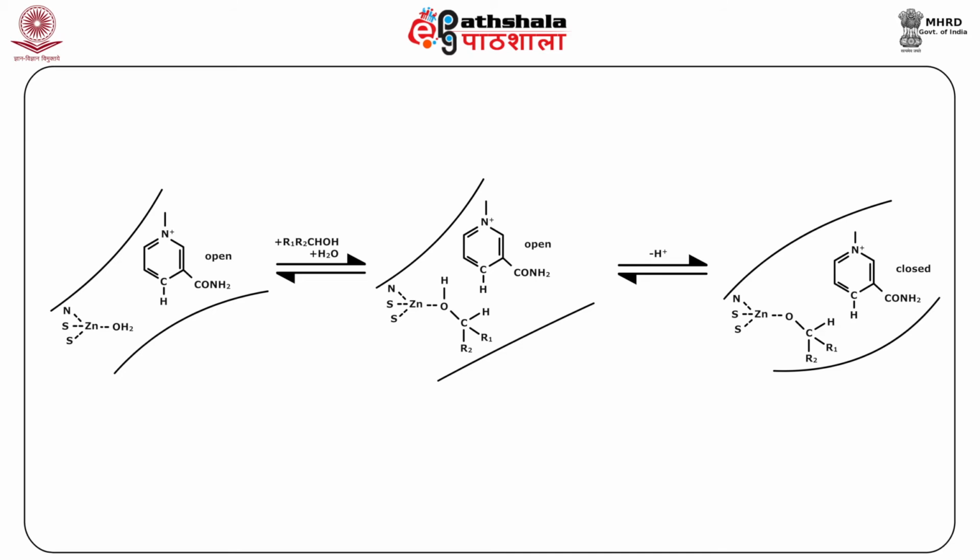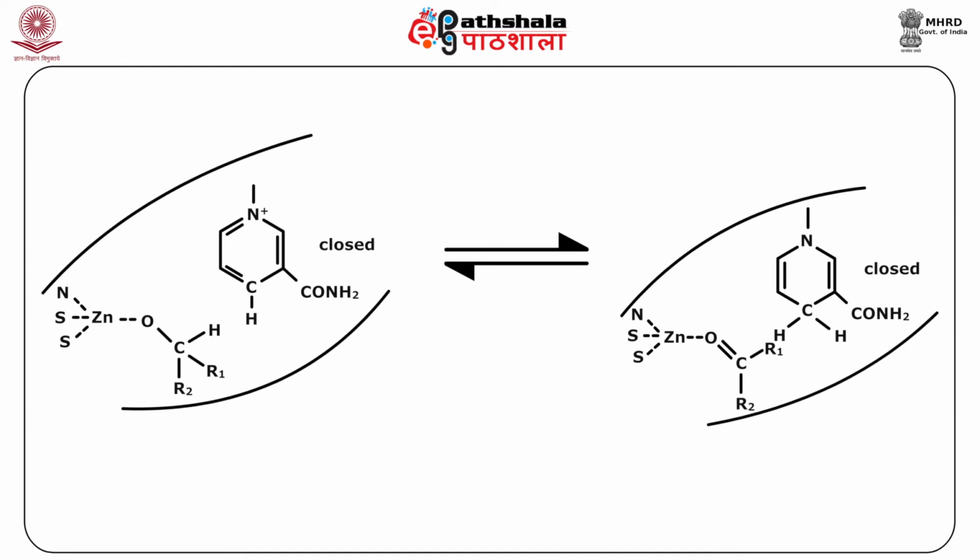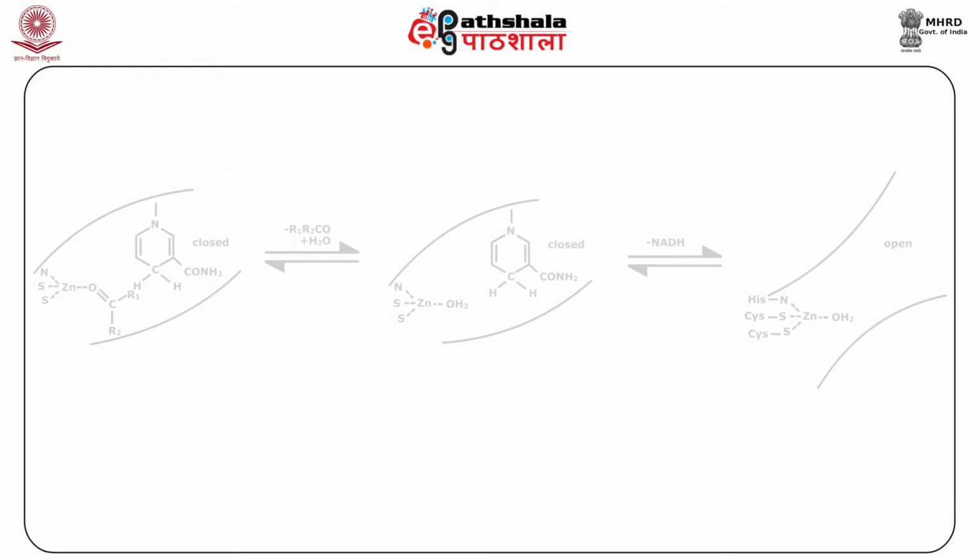Then the oxygen-bound proton is removed from the zinc-coordinated alcohol. This is followed by transfer of hydride from the alcohol CH to the nicotinamide ring. The intermediate involved is a ternary complex of NADH, aldehyde and catalytic zinc.